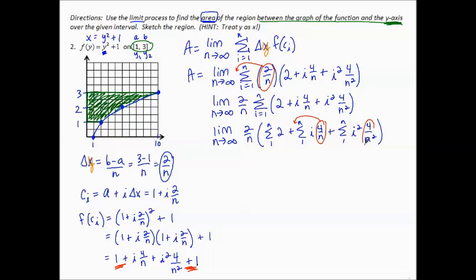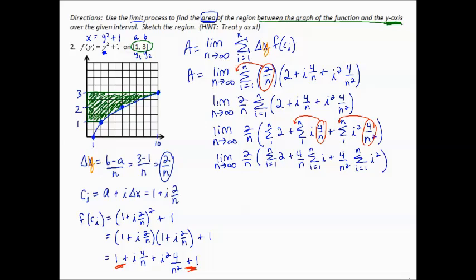So we're pulling out the constant multiple from each of those summations. So now the limit as n approaches infinity of 2 over n times the sum from i equals 1 to n of 2 plus, bring out the 4 over n, sum from i equals 1 to n of i plus, bring out the 4 over n squared times the sum from i equals 1 to n of i squared.